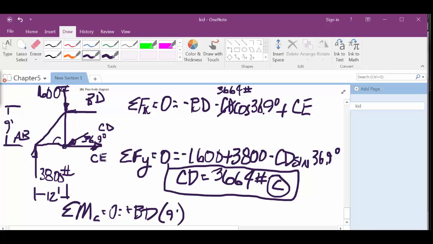So it's a positive BD times 9 feet minus 3,800 times 12 feet. You'd be able to solve for BD now, wouldn't you? Then you could go back up here and plug it in and you'd have CE. If it comes out a negative value, then you guessed the wrong thing for CE. But I'm guessing it'll be fine. I'm not going to finish that at this point.